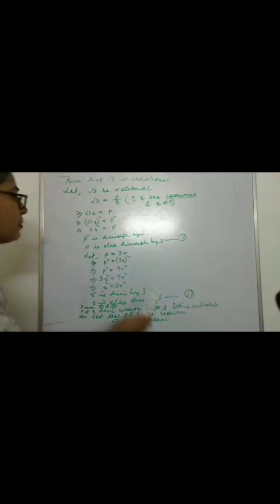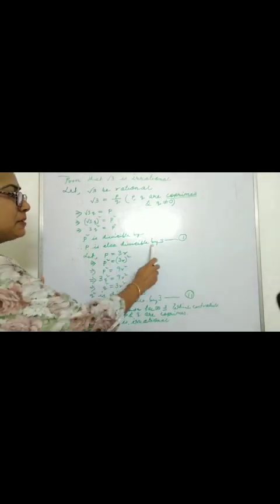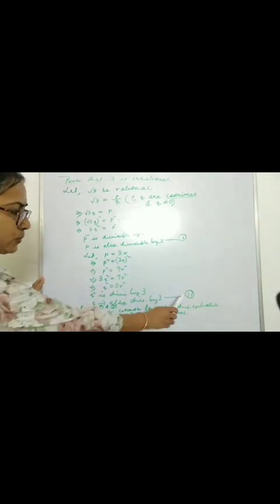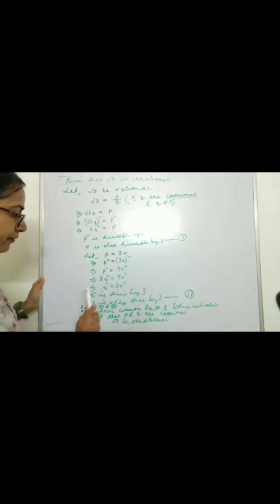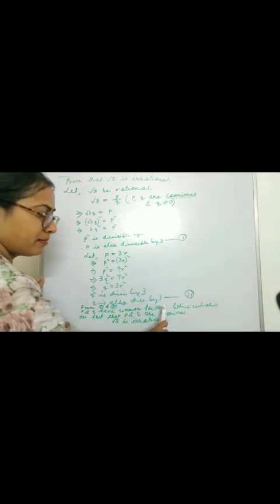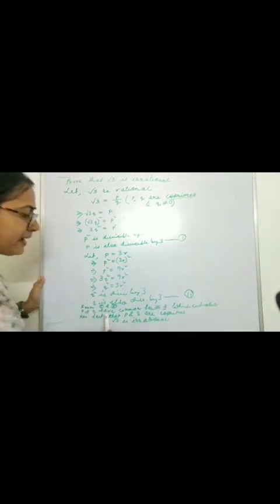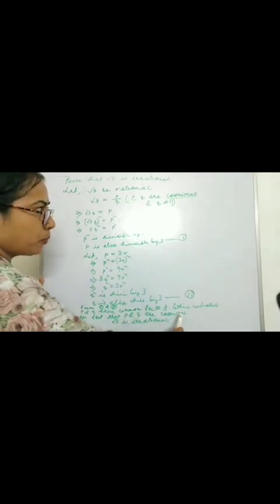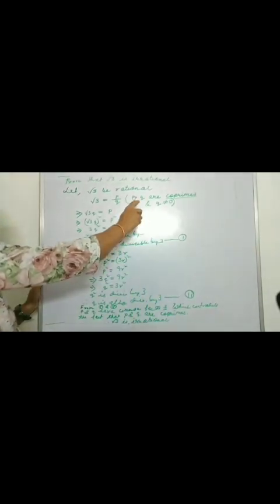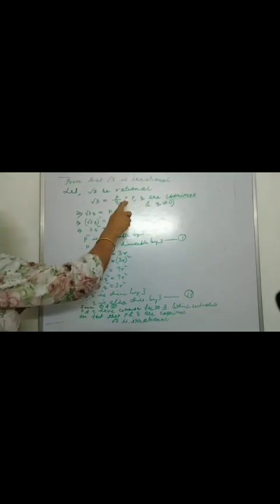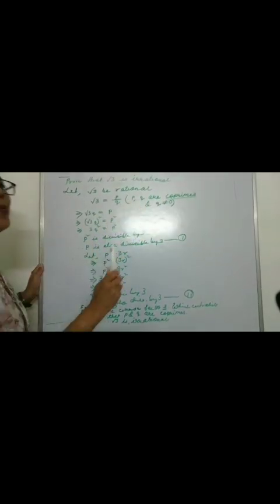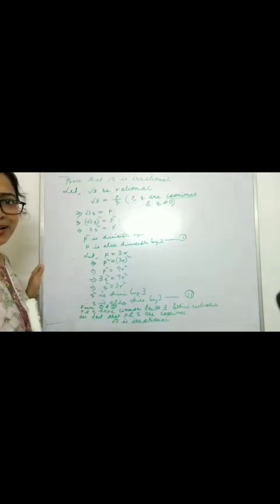So in number 1 we have seen that p is divisible by 3, and in number 2 we have seen that q is divisible by 3. That means from 1 and 2 we can write p and q have common factor 3, right? Which contradicts the fact that p and q are co-primes. In the beginning I told you, if p and q are co-primes, this means that p and q have no common factor other than 1, right?